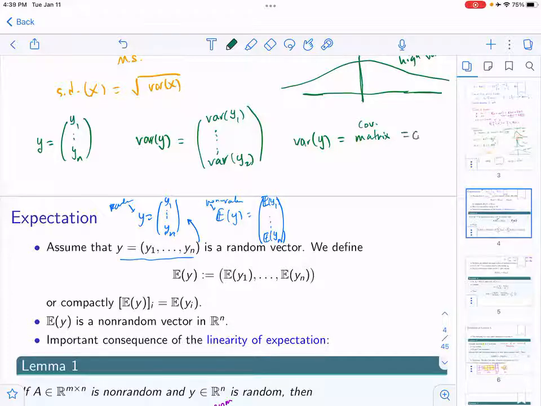I usually write it as cov y, but some people write it as variance of y. So this matrix would have the property that the diagonal elements are these variances. So it already contains that information.